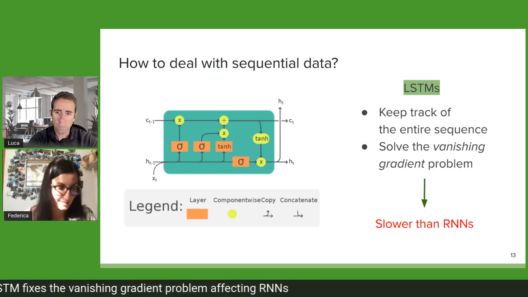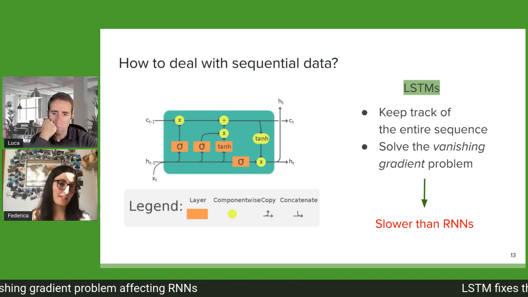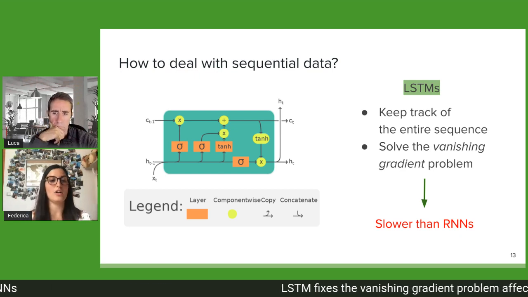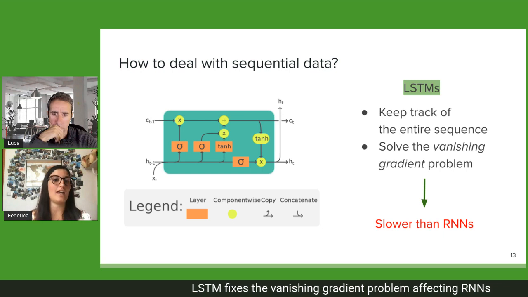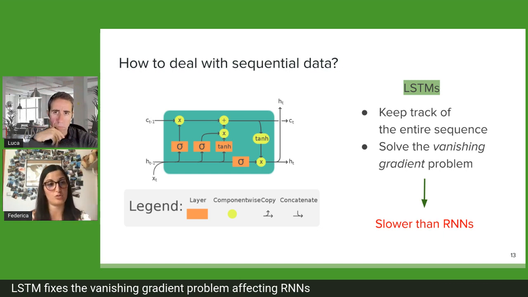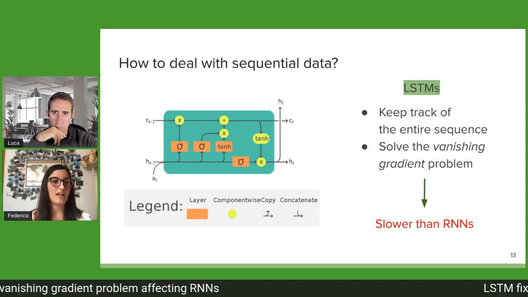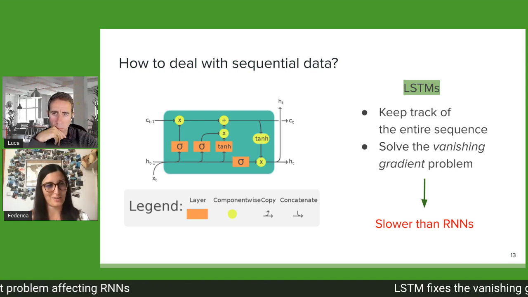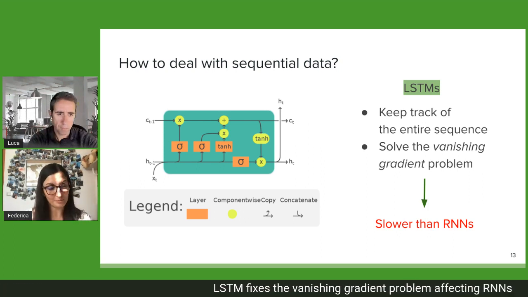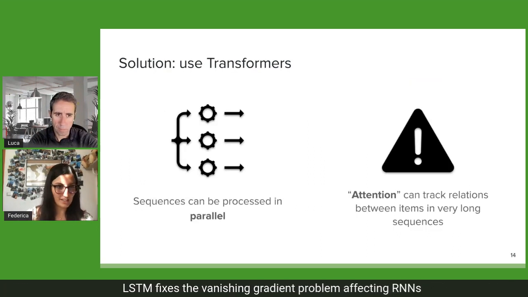Still, the problem exists, but the main problem here is that they are even slower than RNNs. So they still process sequentially, and because they are more complex, they require a lot of time for training and for inference. So how can we deal with sequential data, but in a way that's not so prohibitive? With transformers.